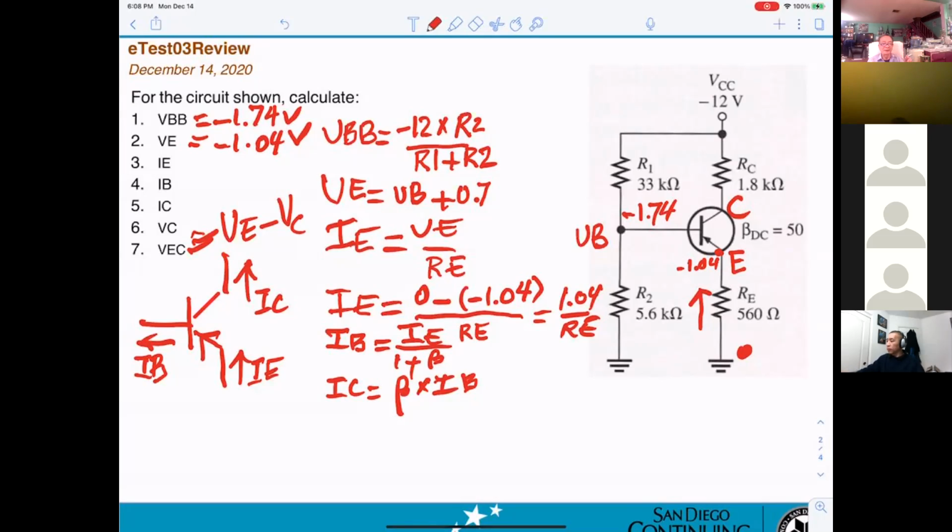The thing is, I said you take VE minus VC. VE we already know is minus 1.04. And someone calculated minus 7.7 for VEC. So Mr. Pham, VEC should be a negative number, right?